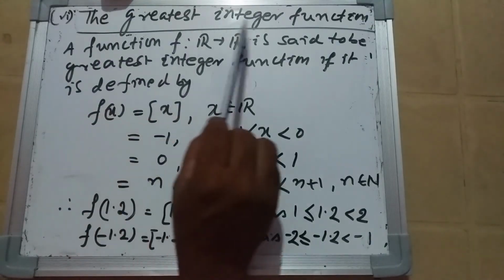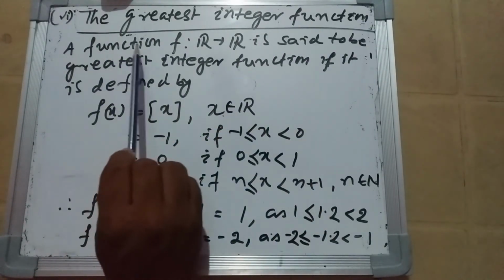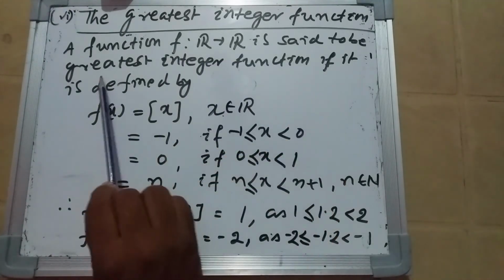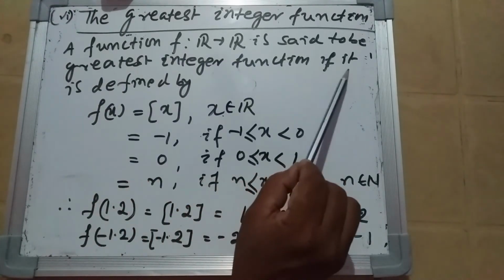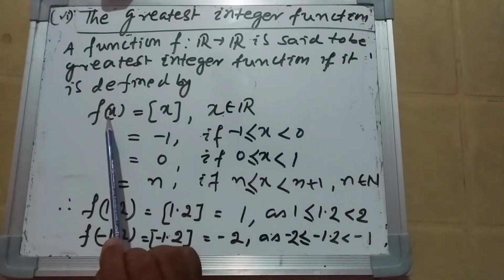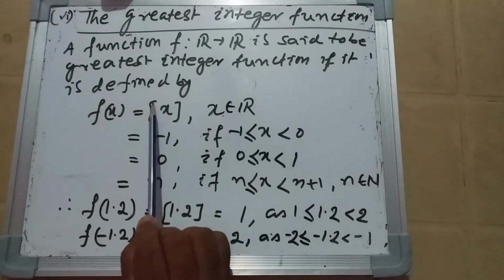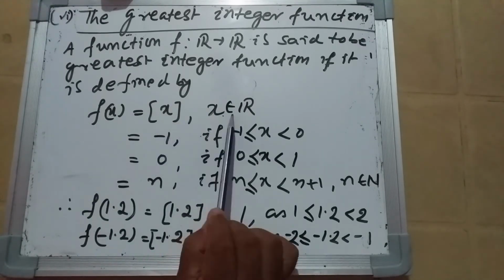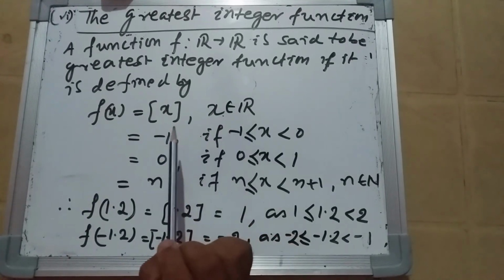The greatest integer function: a function f from the real set to the real set is said to be the greatest integer function if it is defined by f of x equal to bracket of x, where x is a real number.